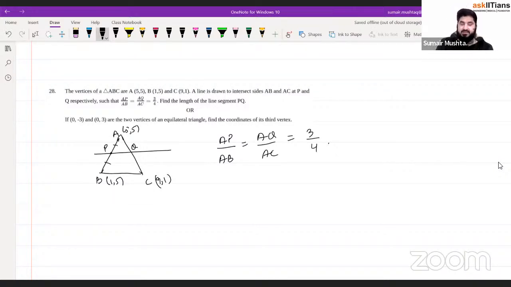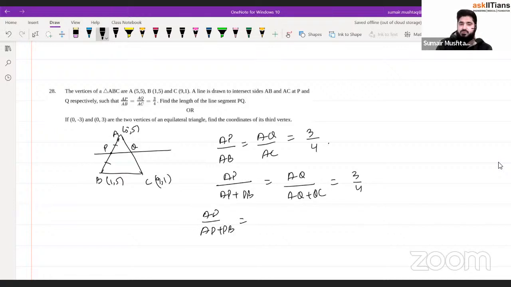See, for that thing, what I will do, I have this AP. Okay, I will write this AB is equal to AP plus PB. This side AC can be written as AQ plus QC. This is equal to 3/4. Simple, isn't it? Okay, now take this one. AP over AP plus PB is equal to 3/4, right?